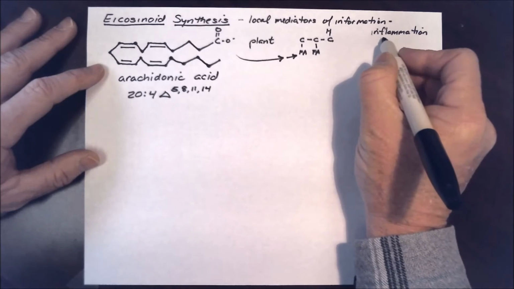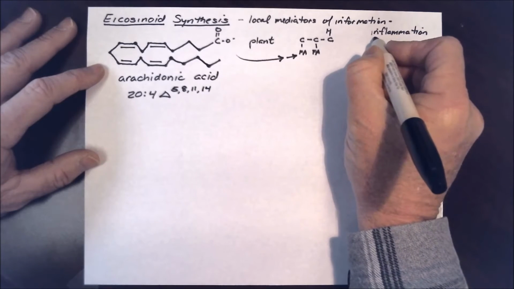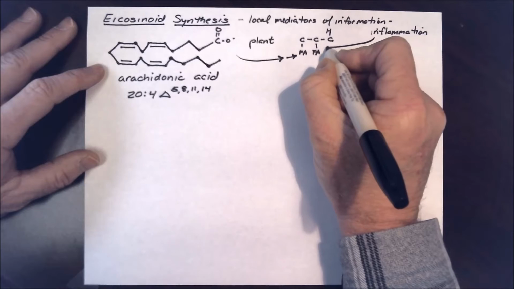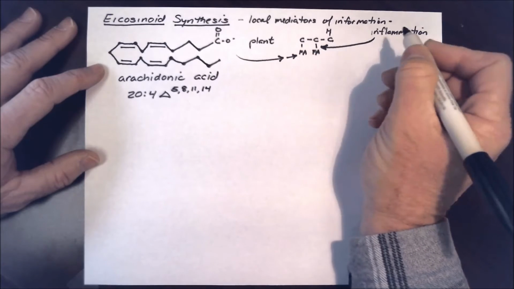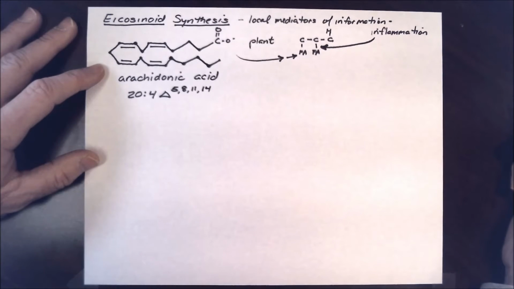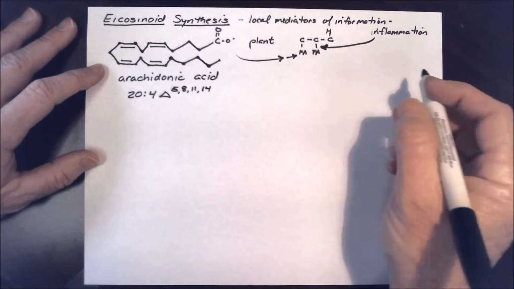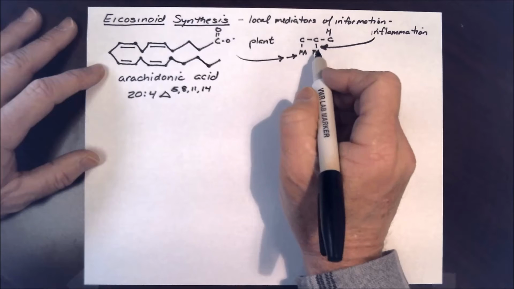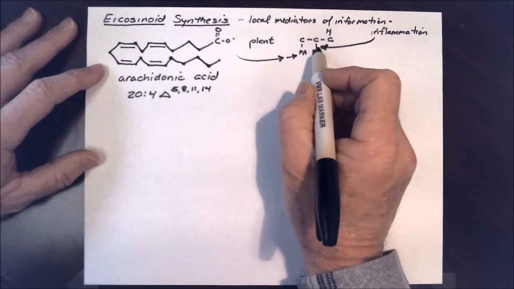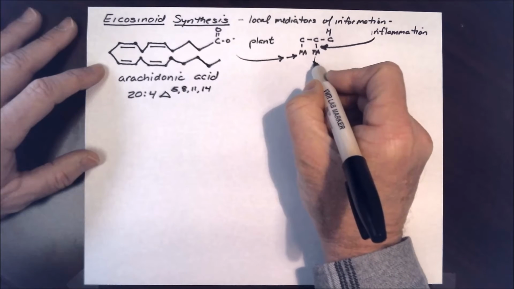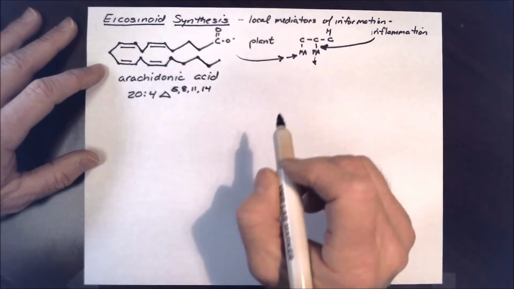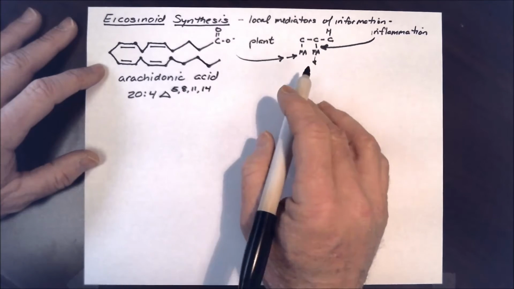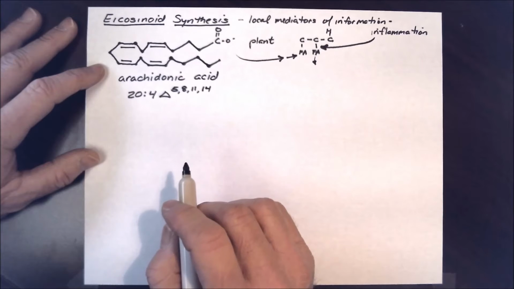Now, when we have an inflammation response, these inflammatory signals will introduce esterases, enzymes that will hydrolyze ester linkages. Typically, these are lipases, and it will release the fatty acid from the membrane. The fatty acid now can be processed.